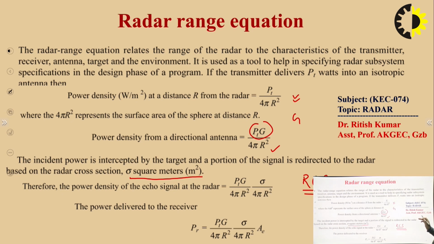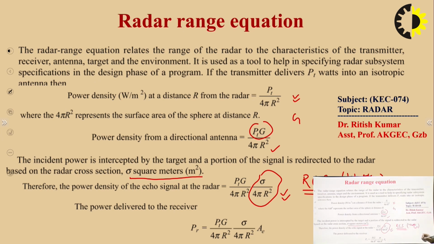This is the percentage of the transmitted power, sigma upon 4 pi r square. This percentage is multiplied with the power density: Pt Gt upon 4 pi r square multiplied by sigma upon 4 pi r square. So this is a power density, that is watt per meter square.